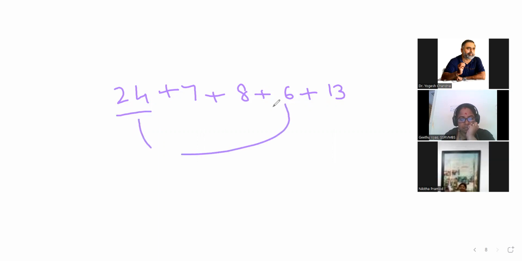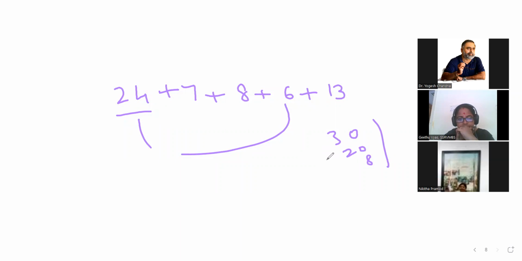So we can just assume 24 plus 6, 30. 7 plus 13, 20, and 8. Right? So this is the easiest approach which we can design, and let them also think.